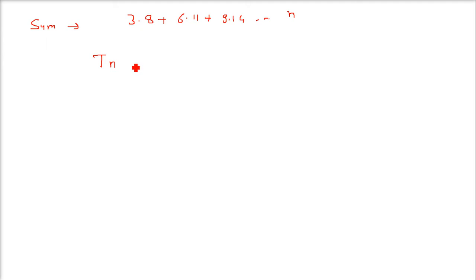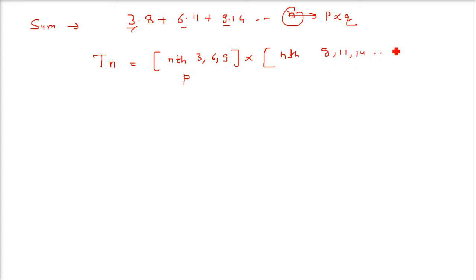This is the nth term of 3, 6, 9, and since it is multiplication, the last term will be the nth term of this one and the nth term of this one. Say we have the last term as P into Q. So this is P, the nth term of 3, 6, 9, multiplied by Q, the nth term of 8, 11 and 14, like this.